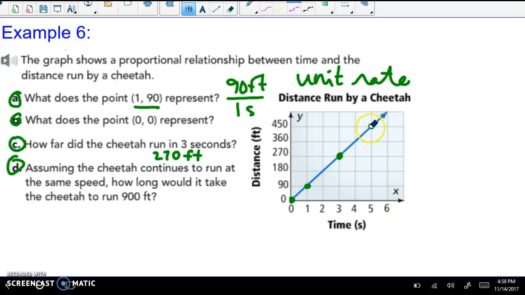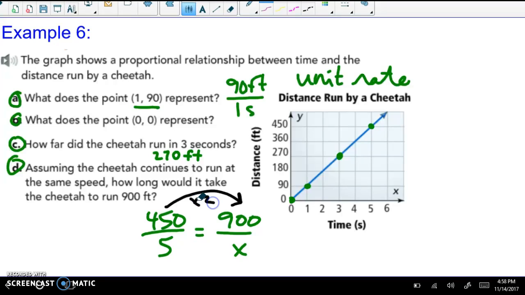But because I know that 450 is half of 900, if he maintained the speed and he ran 450 feet in 5 seconds, then I know he could run 900 feet in 10 seconds. Because I can do my y to x ratio to help me figure that out. So I know that to turn 450 into 900, I would multiply by 2. Whatever I do on top of a proportion, I have to do to the bottom. So that gives me 10 seconds.